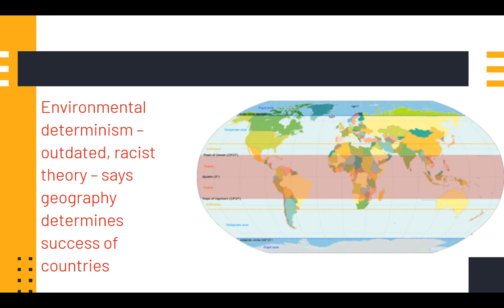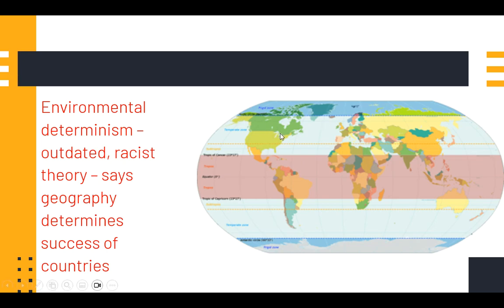So if you are in South America near the equator, and you have lots of hills and jungles and rivers, then it's going to be hard for you to feed millions of people, and it's going to be hard for you to become a prosperous country in the world.